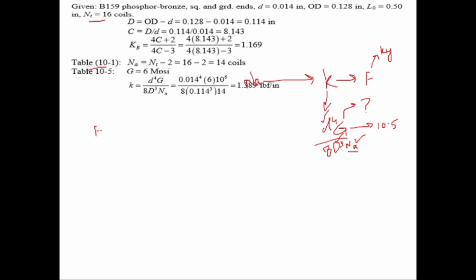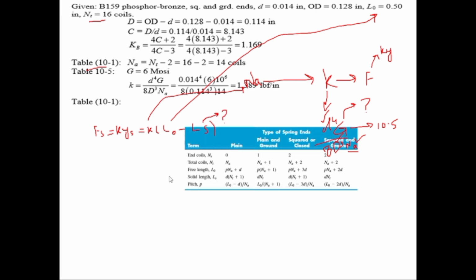Now Fs is equal to k into Ys, which is equal to k into (L0 minus Ls). The k value is this and the L0 value is this. Now to find Fs, we will have to find Ls, for which we can use table 10.1. In the table, look at the squared and ground spring. For that, Ls is equal to d Nt, as the value of d is equal to 0.014 inches and Nt is equal to 16.